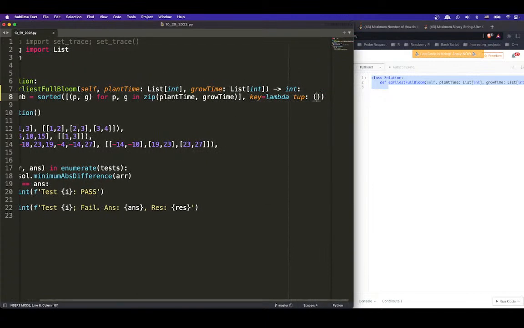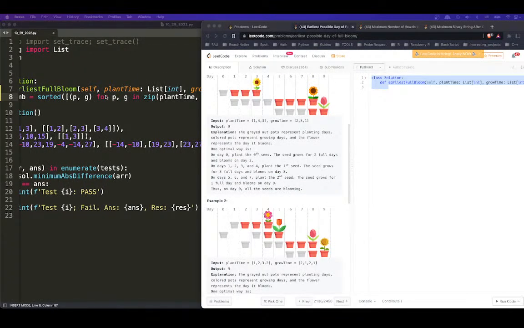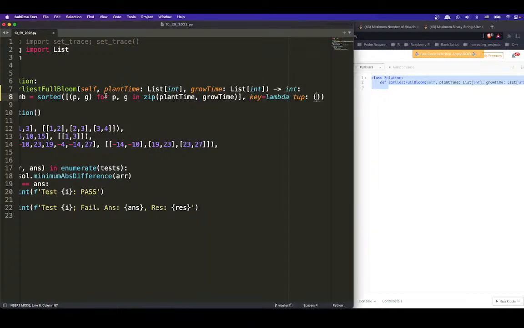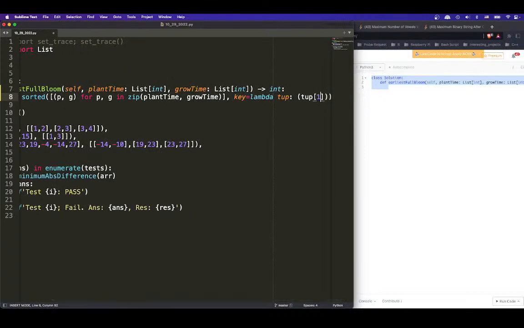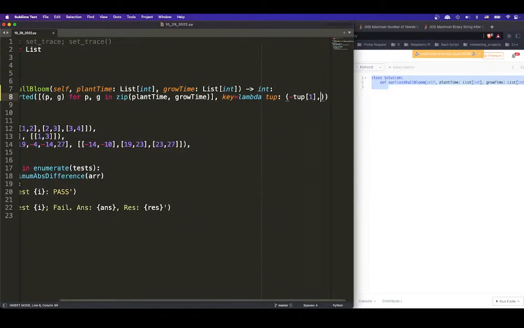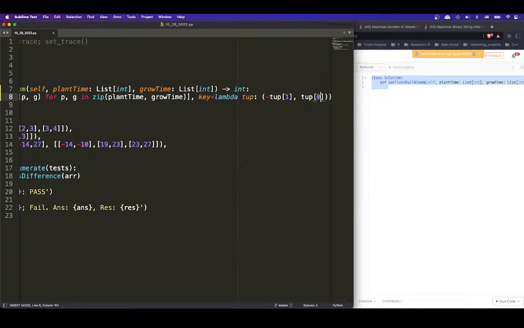So p is plant time. I want growth time to be sorted first. Okay. So I want tuple 1 to be sorted first in reverse style. So I do minus, and then I will sort tuple 0.